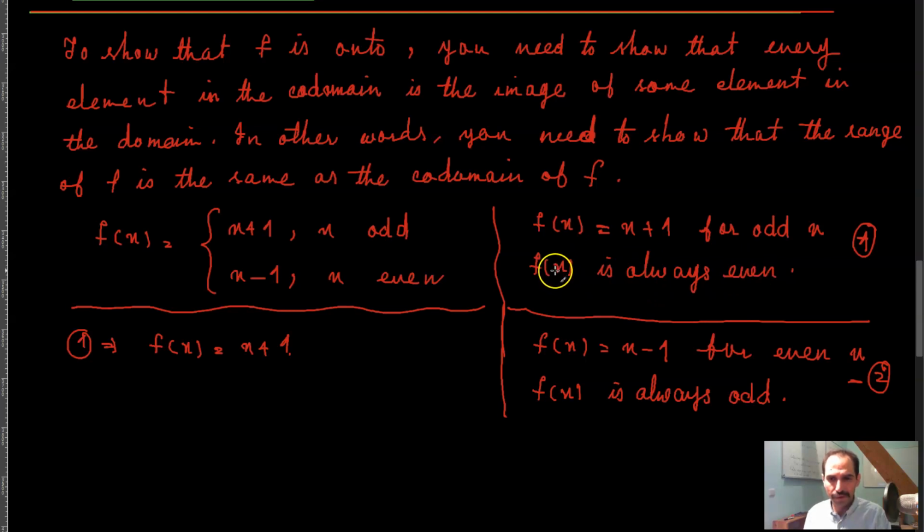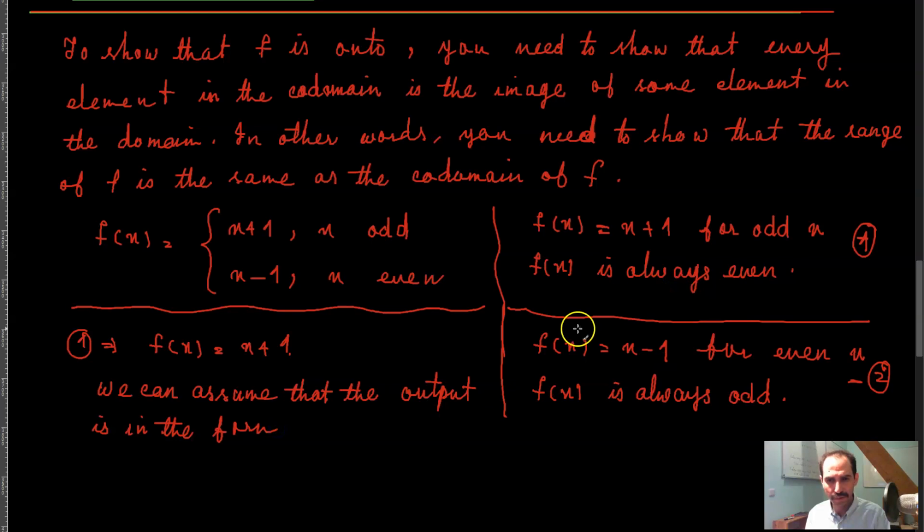So if f of x is always even, then we can assume that the output, f of x, is supposed to be even, so it is in the form 2r for some r belonging to the set of natural numbers.